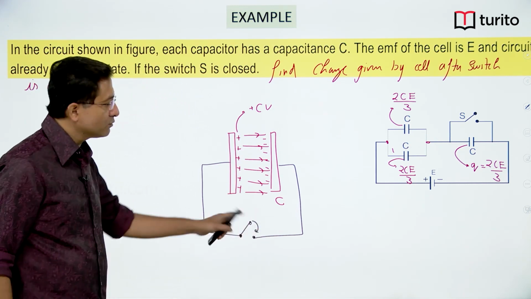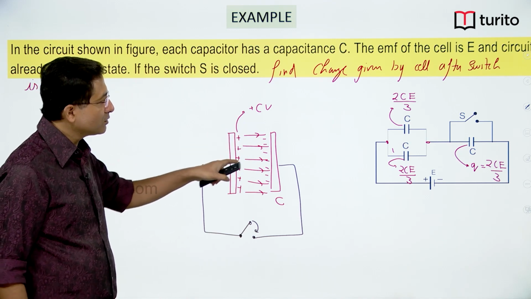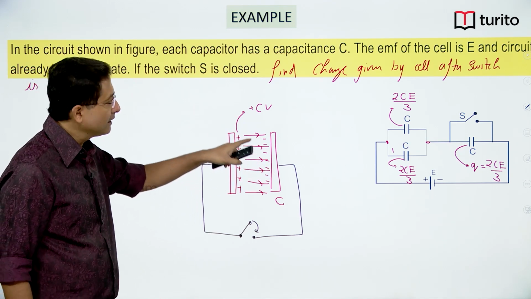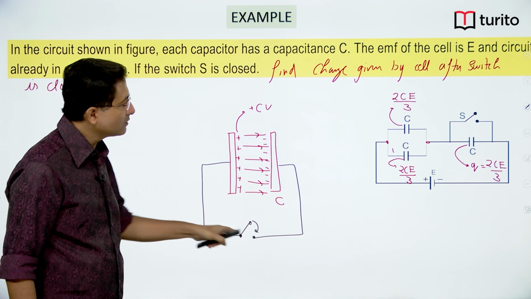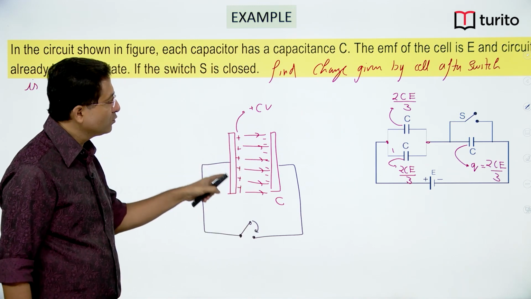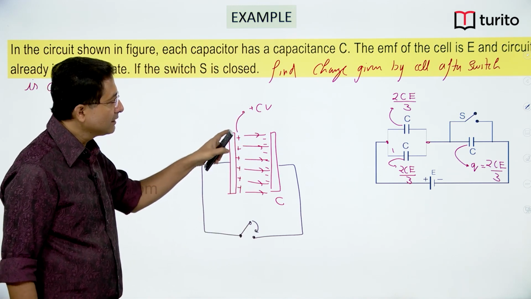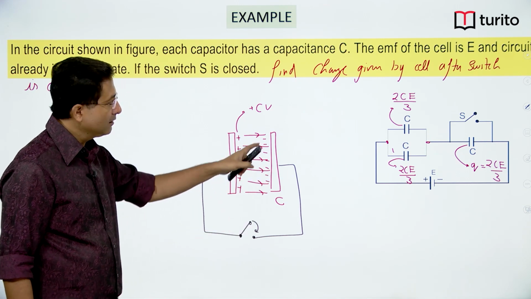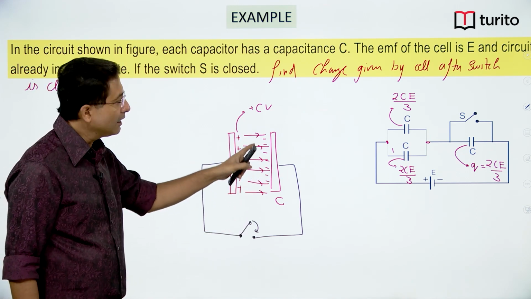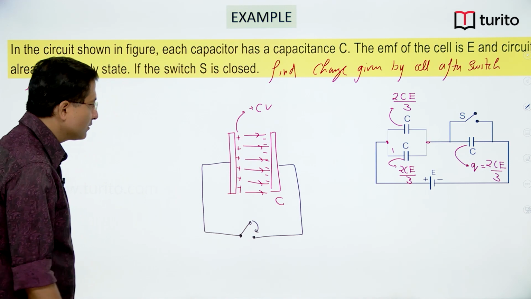As soon as I close the switch, immediately what will happen, because there is a potential difference between these two plates, this charge will rush towards this charge, and finally this Q, which is plus CV, will merge with this minus CV, and the total charge on the capacitor will become 0.